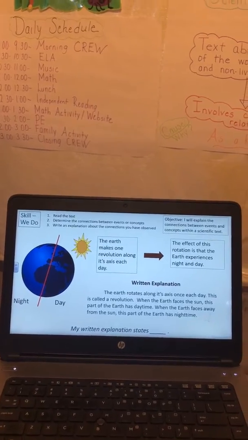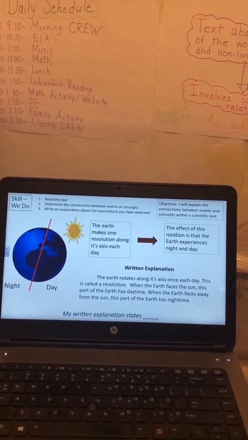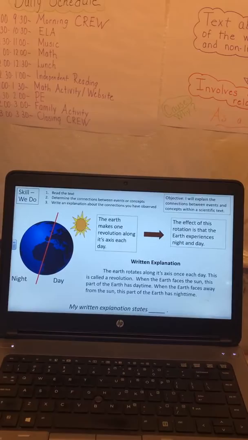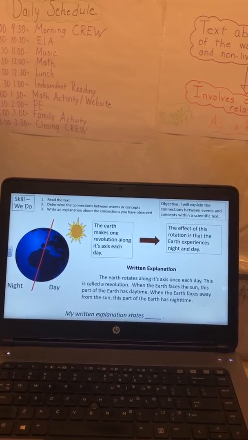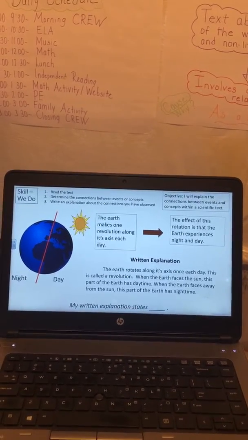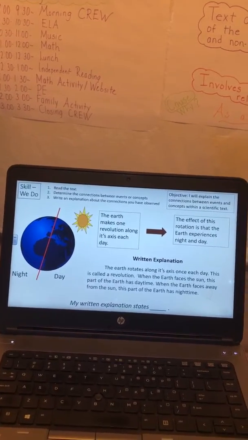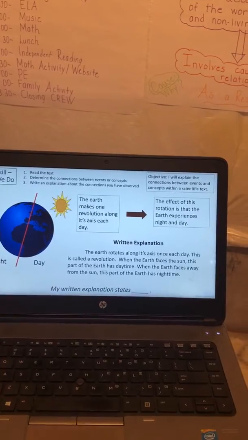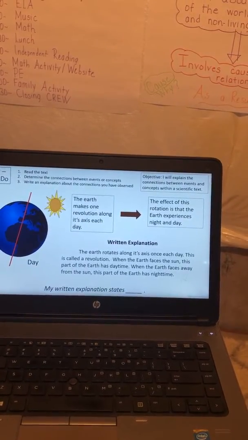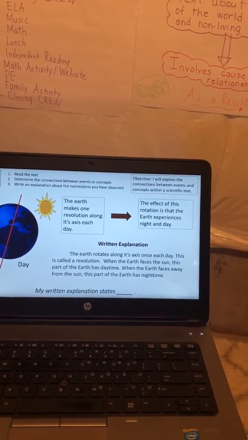Okay. So let's write this down. So our cause and our effect, or our connection, states the Earth makes one revolution along its axis each day. As a result, or its effect, this rotation is that the Earth experiences night and day.